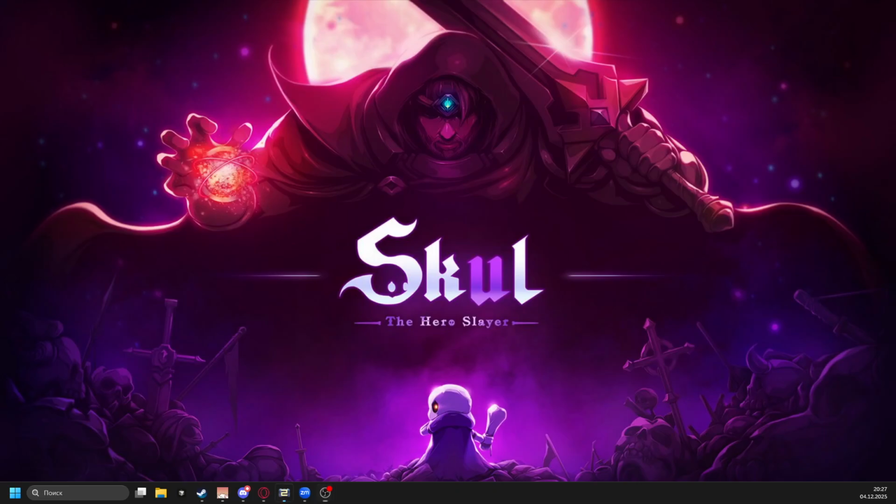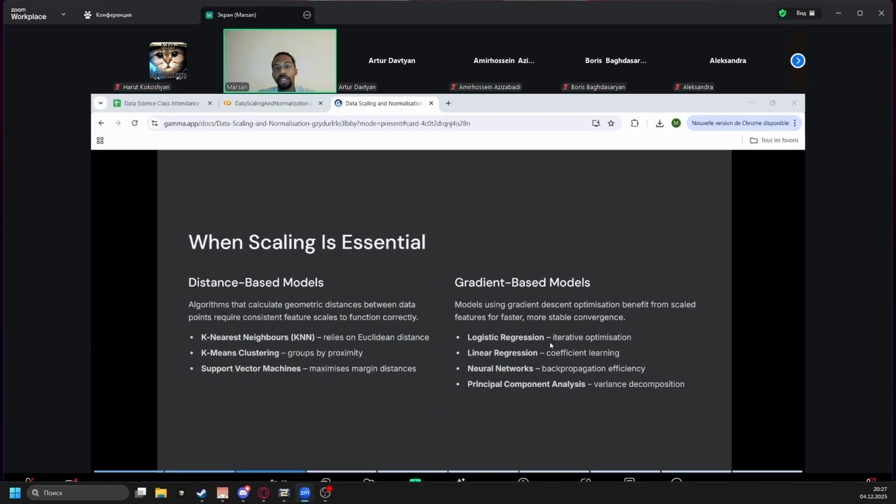For the support vector algorithm, which involves distance, we need to scale our data beforehand. The same goes for gradient-based algorithms like linear regression, logistic regression, neural networks, and also principal components analysis.